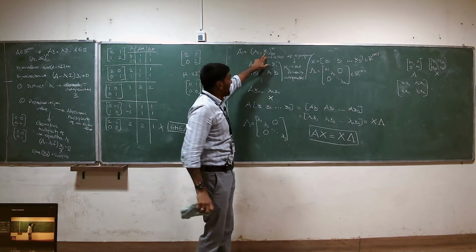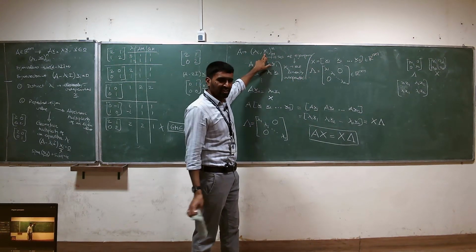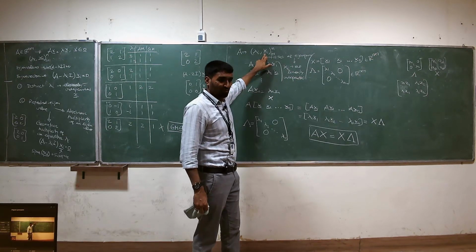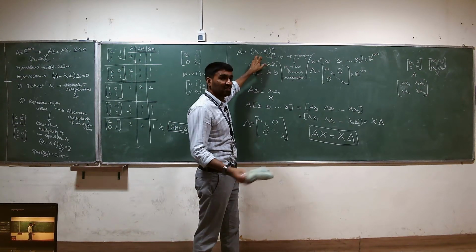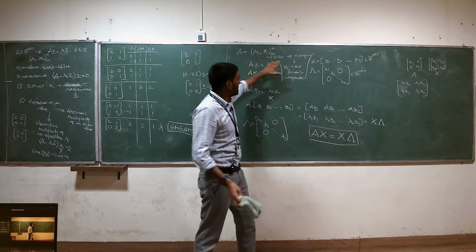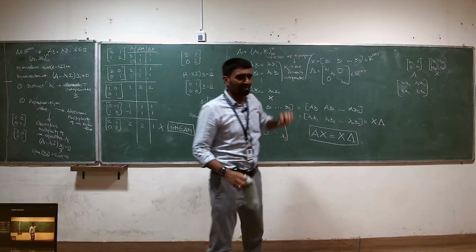I can find n linearly independent eigenvectors for all my eigenvalues, irrespective of whether they repeat or not. That's what I mean by I have a full set of eigenpairs.